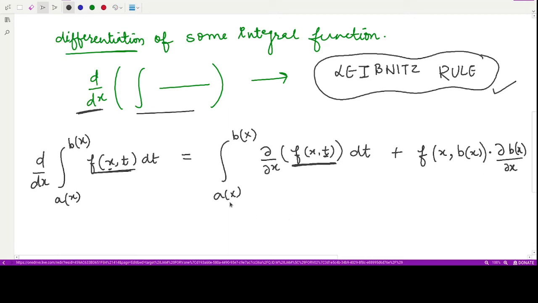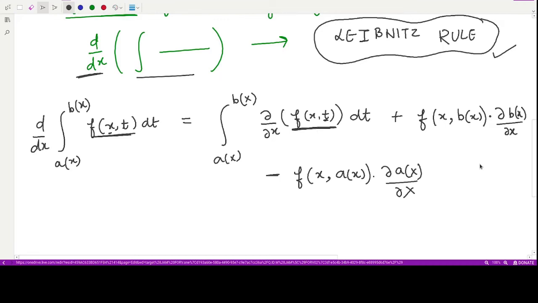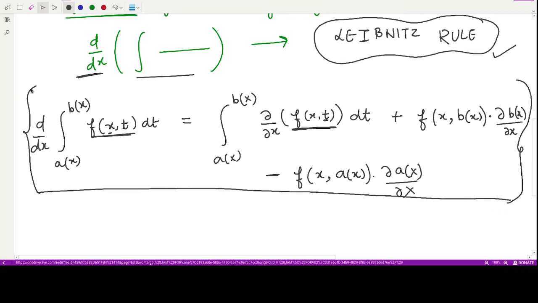For the third term, the lower limit term, we have a negative sign, and the function's value evaluated at t equal to the lower limit, so f of x comma a of x, times the partial derivative of the lower limit a of x with respect to x. So this is the formula. It could look somewhat difficult to remember, but it's great if you remember it, because it is quite useful in many applications.